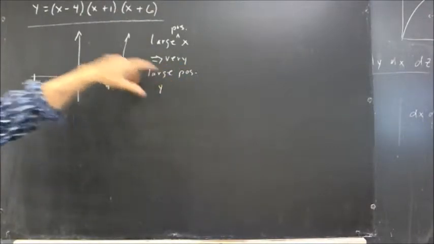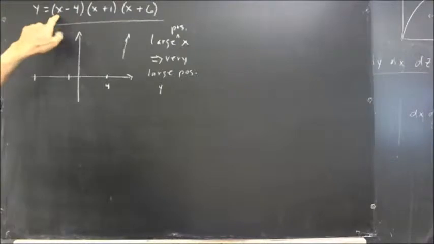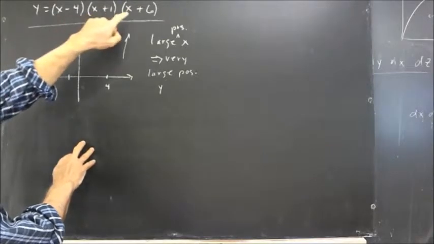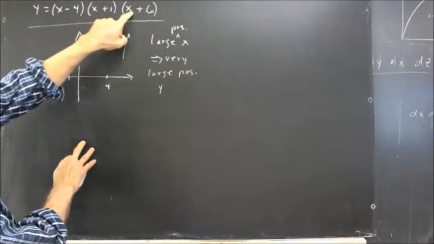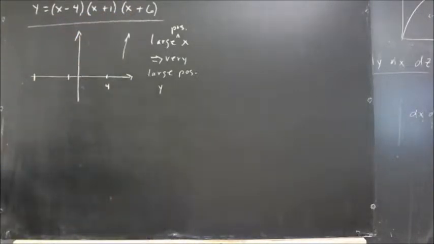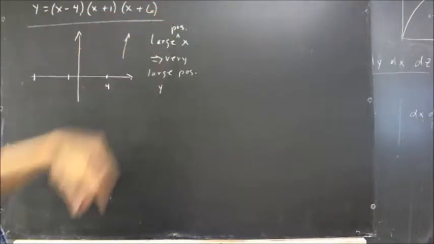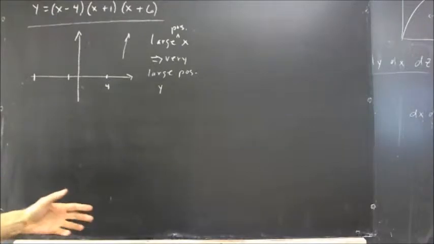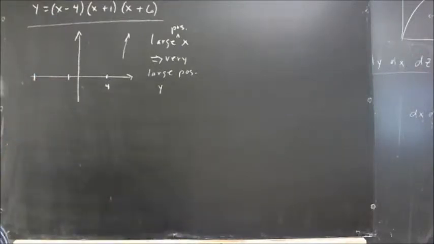And this is because if x is a very large positive number, it's going to be bigger than 4, so this is going to be positive. X is going to be big positive numbers, so x plus 1 and x plus 6 will also be big positive numbers. All of these will be big positive numbers, and when you multiply 3 big positive numbers together, you get a really, really big positive number.